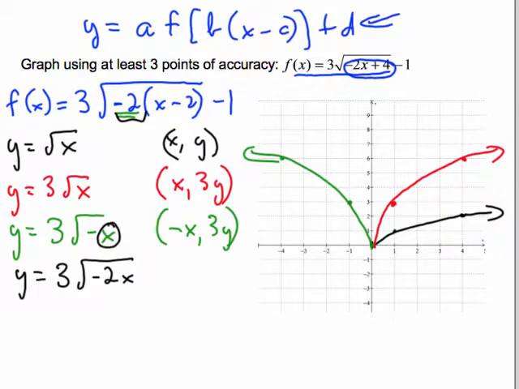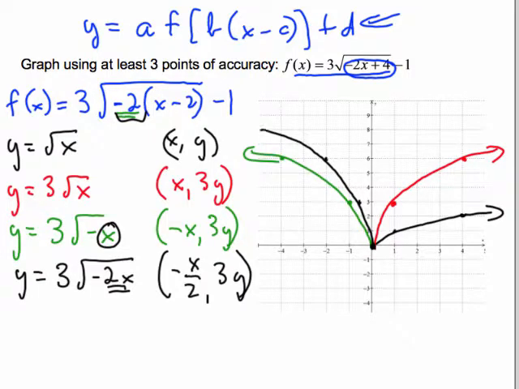Replacing x with 2x means that our x's have to be half the size to compensate, and that's going to horizontally compress the graph by a half. So our x values are going to halve: half of 0 is 0, half of -1 is -1/2, half of -4 is -2. So my graph now looks like so.